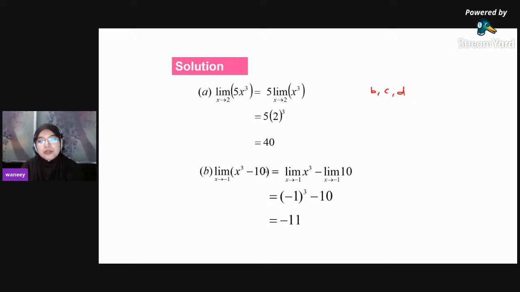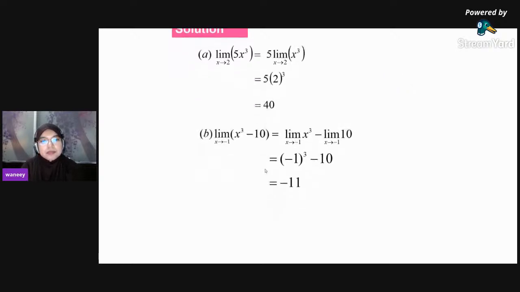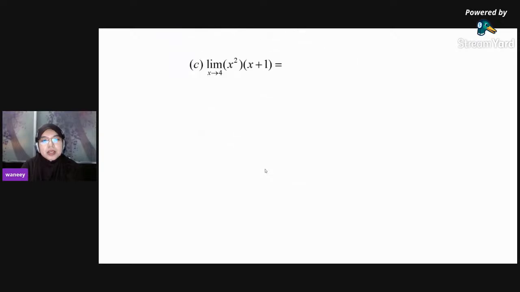So let me proceed to C. Okay, so C, we got the limit as x approaches 4 for x squared multiplied with x plus 1. So you can actually separate them into two. So firstly, calculate the limit for x approaches 4 for x squared. And then calculate the limit for x approaches 4 for x plus 1. And then you simply multiply them together.